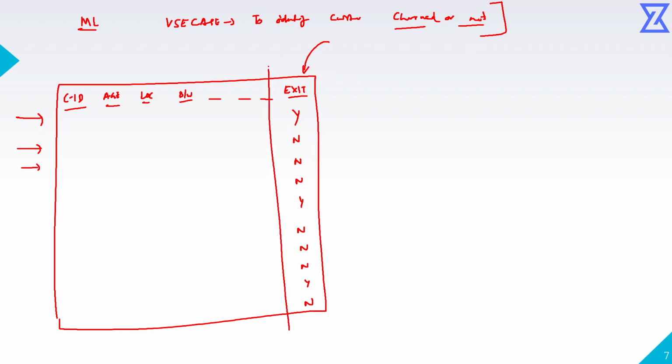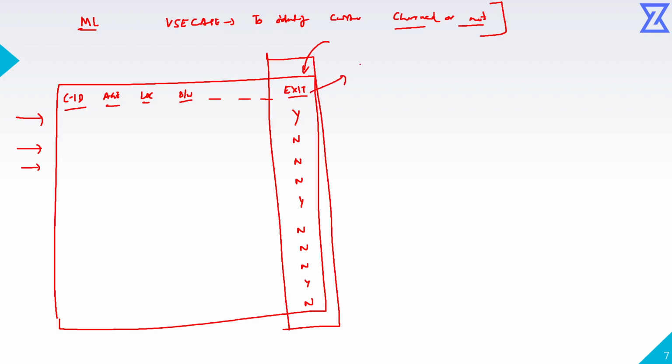All this information is there, right? Now the use case here is to identify whether a customer is going to be churned or not, which means I want to classify them as either churned or not churned, right? What to predict? I have to predict this column.